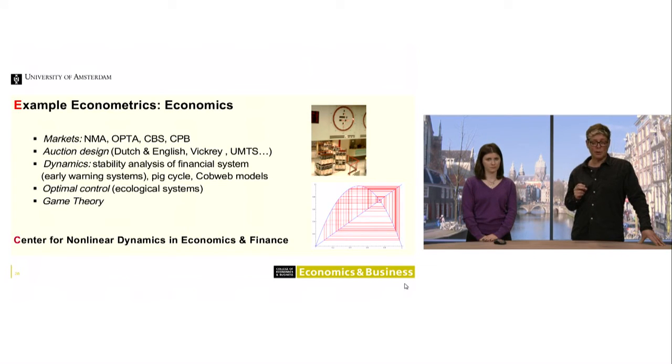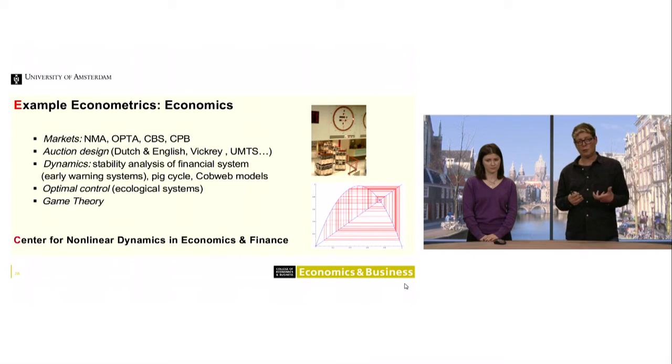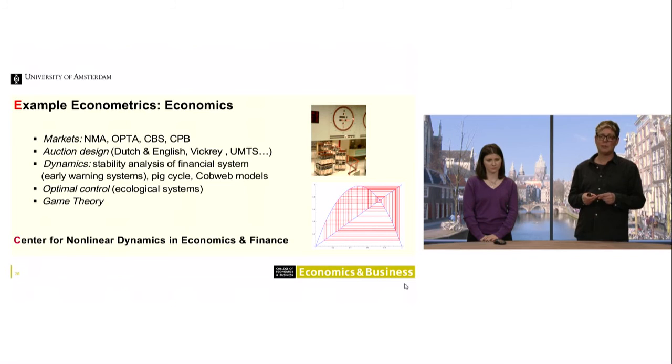But we also have our research group, the Center for Nonlinear Dynamics in Economics and Finance. What we do is take a kind of non-standard view on economics. We look at the economic system as a dynamical system, and we look at things that might occur in economics.